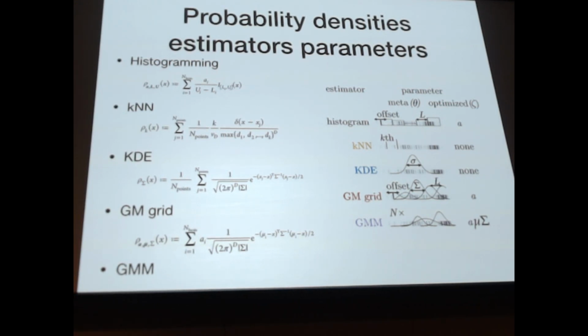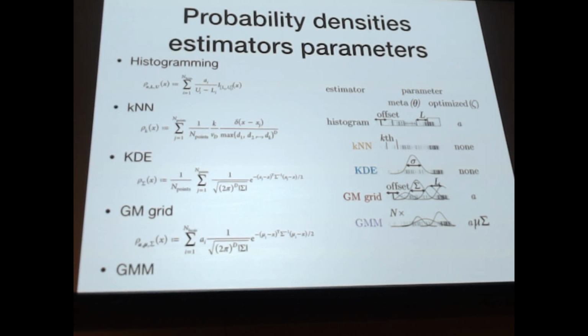And as I mentioned, the counting basically is optimizing the amplitude of these indicator functions given the data, while the parameters that are spurious and that cause problems, and something should be done about this, are the offset and the size of the bin or the number of bins.